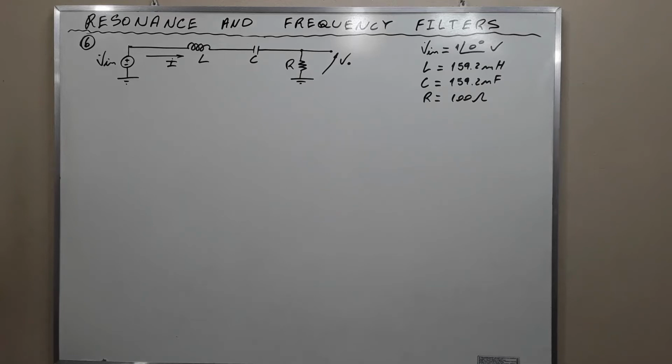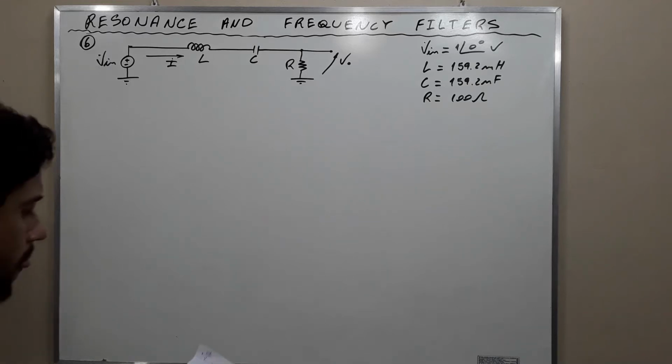Letter B. To model a bandpass filter, assume that the frequency of the source is the same as the resonant frequency, which represents the signal that shall pass unaltered. In this case, find the voltage phasor across the elements and draw a phasor diagram. This is the exercise, my friends. Let's go to the solution.